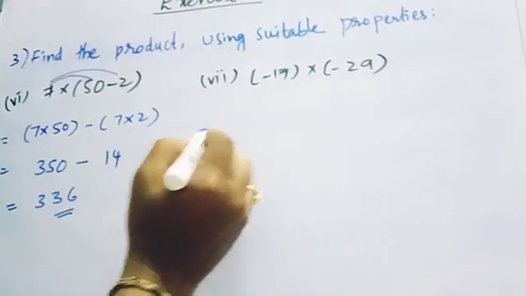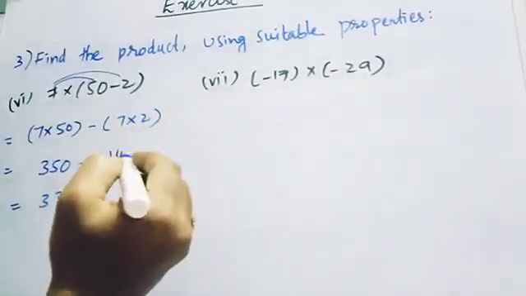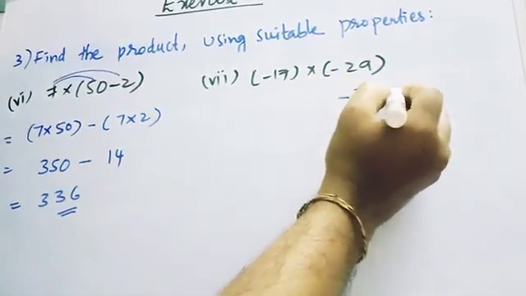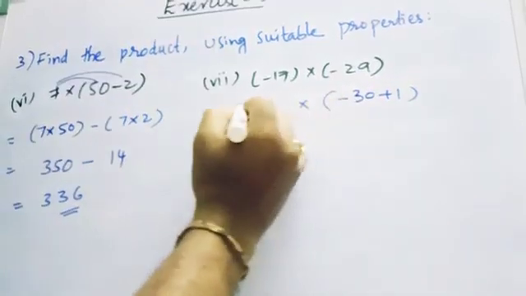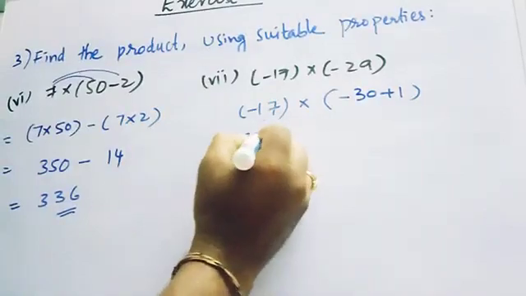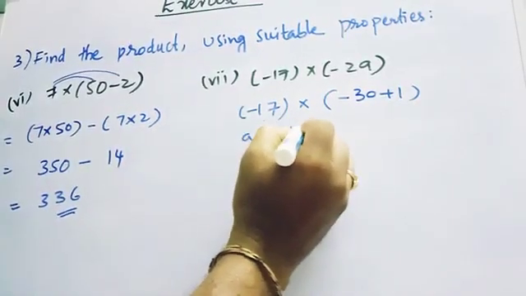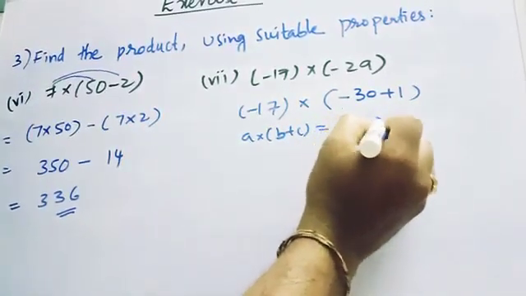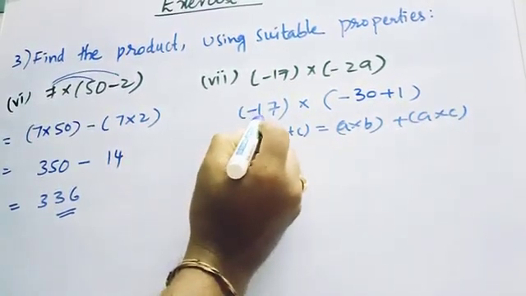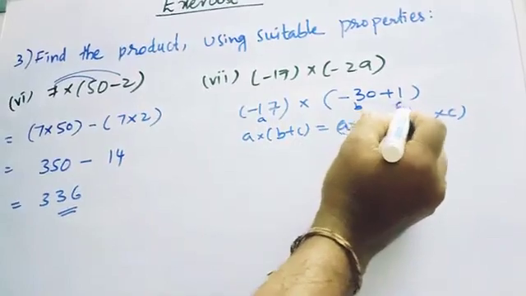So coming to the seventh problem: minus 17 into minus 29 is given. You can write minus 29 as minus 30 plus 1. Then on the left side we have minus 17. So a into b plus c is equal to a into b plus a into c, by using the distributive property. So this is a value, this is b and this is c.